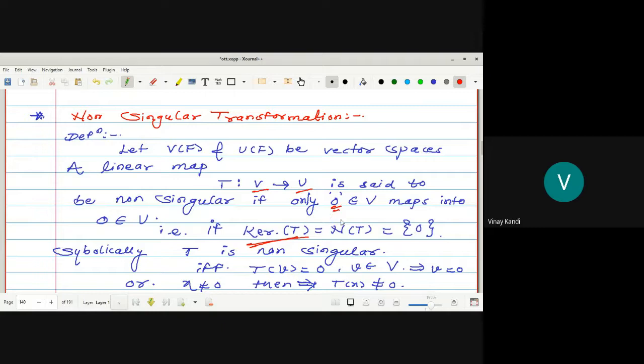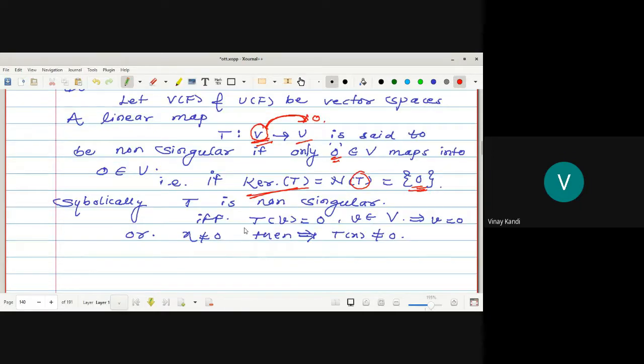It is the collection of those elements of V which map to the 0 element of U. So here, this is the only element of V which maps to 0. So if the kernel of T or null space of T contains only the 0 vector, then that transformation becomes a non-singular transformation.